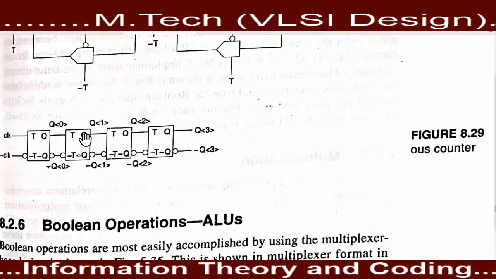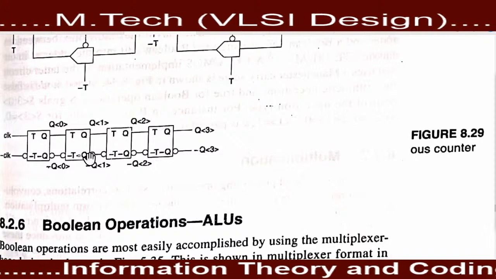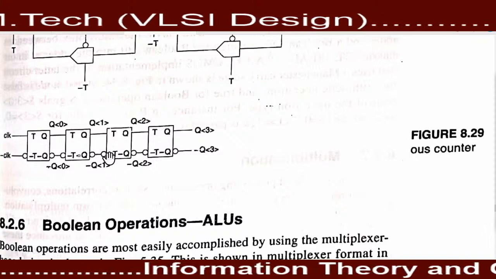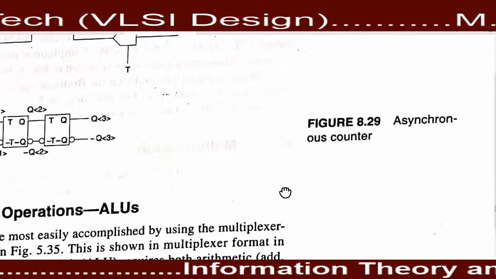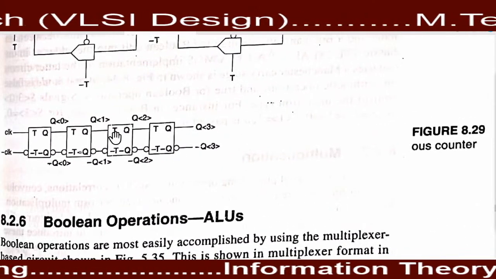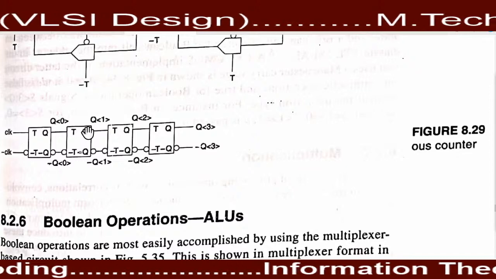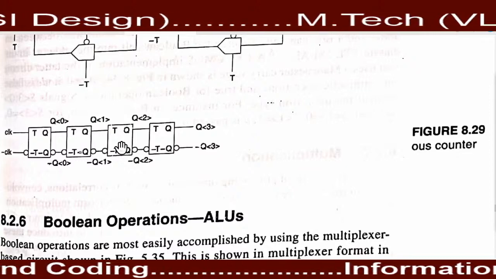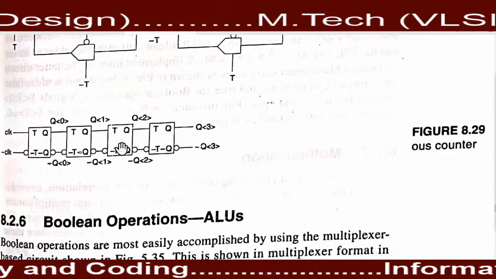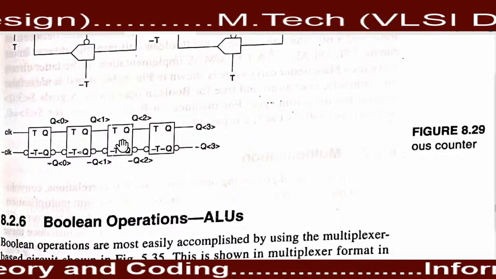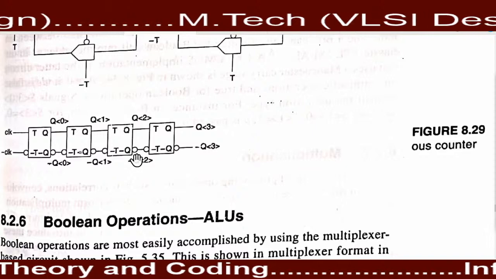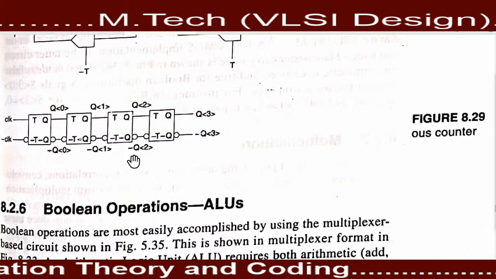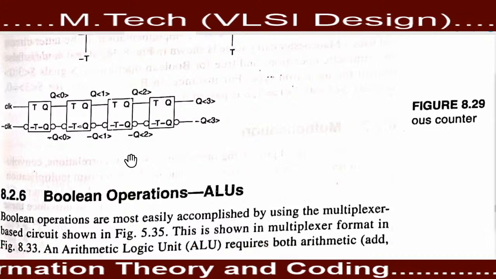Because the inverting end of the flip-flop provides the output to the next flip-flop, it is an up counter. And if the non-inverting end of the flip-flop provides the clock pulse to the next flip-flop, then it will act as a down counter. Okay, so this one is all about the counter part of your VLSI system design.